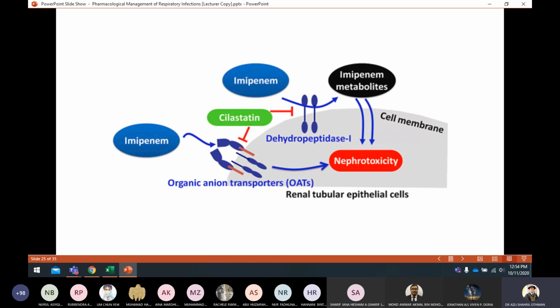Remember when you give penams, penams must be given together with cilastatin to reduce the renal metabolism and the renal excretion of the drug. So you have a longer duration of action, you have higher efficacy of the drug. Just a simple reason. Try not to confuse yourself.